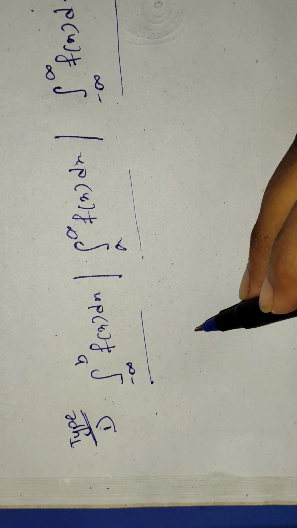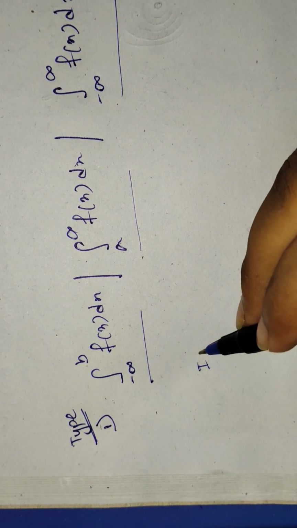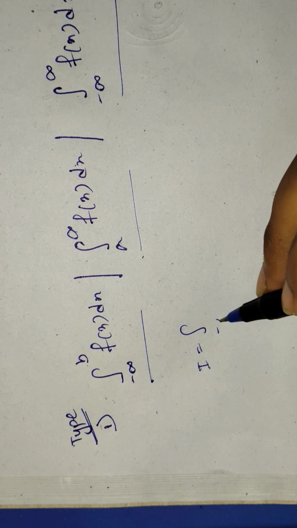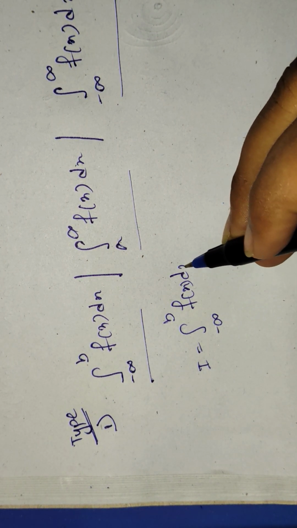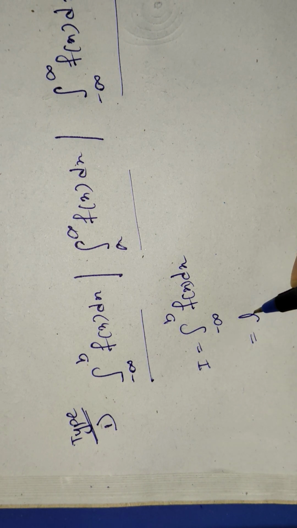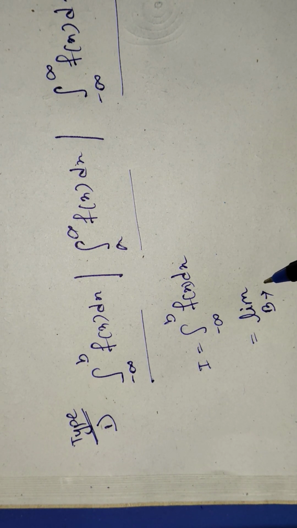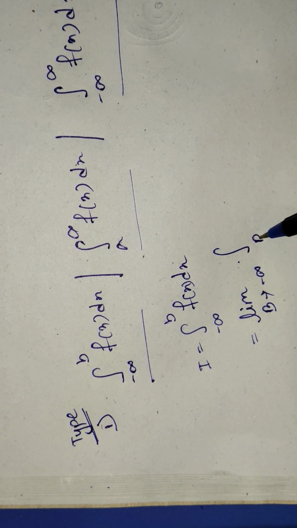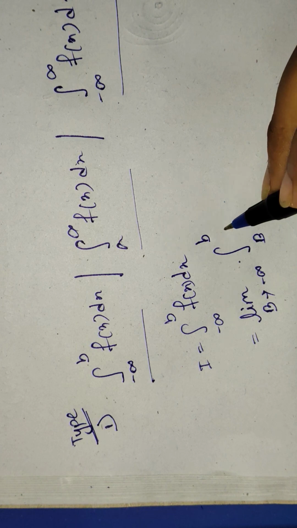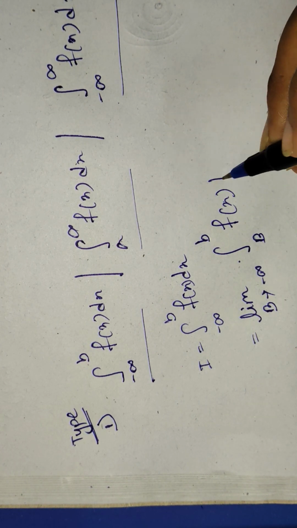Your first approach: let's say I equals, for this, the integral from minus infinity to b of f(x) dx. We have to do something like that: let's take b tends to minus infinity. This is small b, however you can understand.